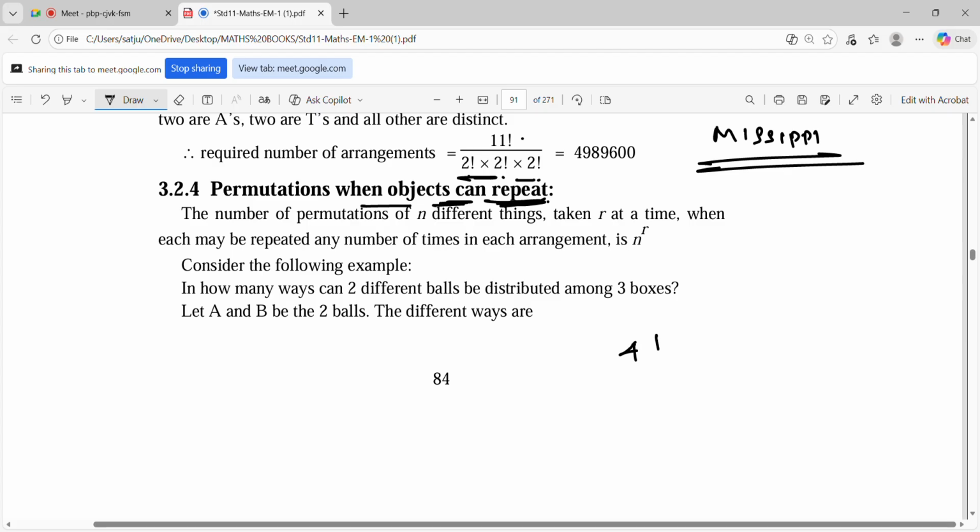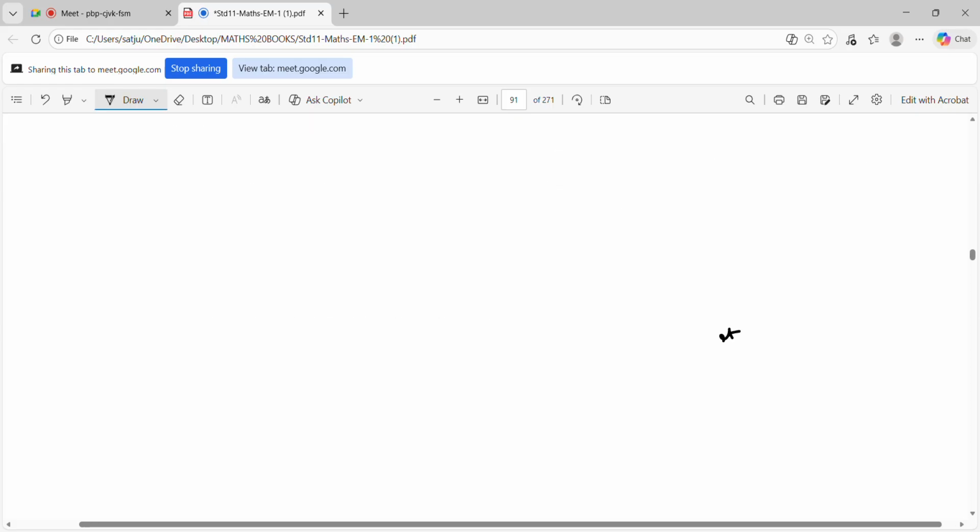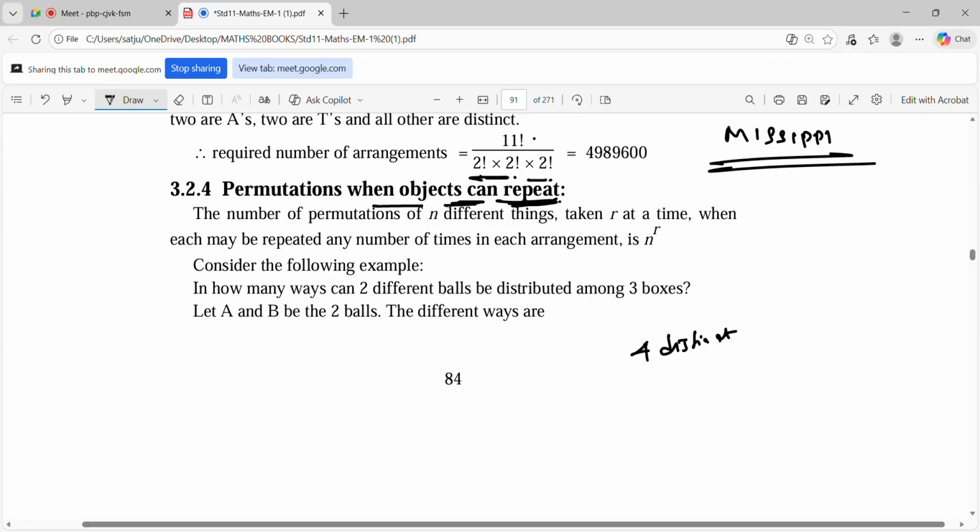In how many ways can 5 distinct apples be distributed among 4 boys? In this situation, listen carefully.